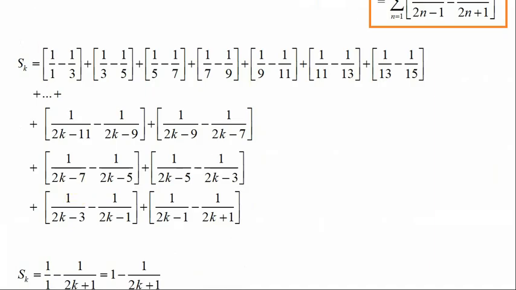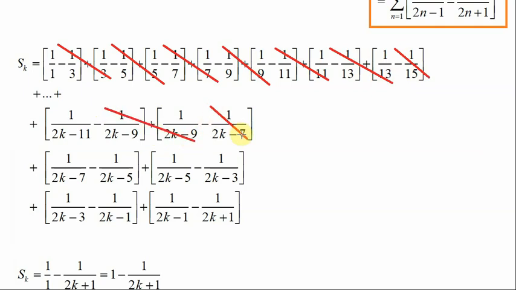And now we can see that minus 1/3 and 1/3 cancel out, and these will drop out. And then eventually this one will drop out also. And then we can see here that these 2 terms right here will drop out.